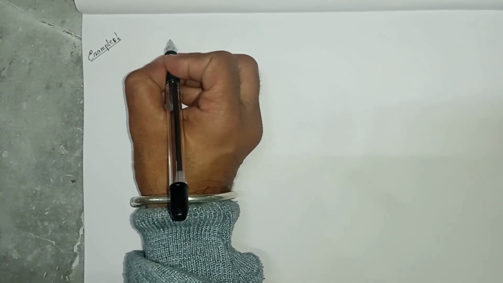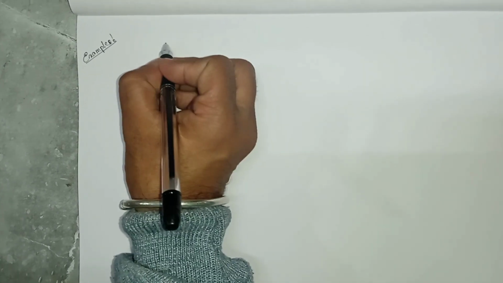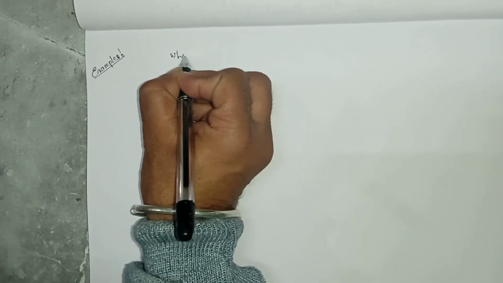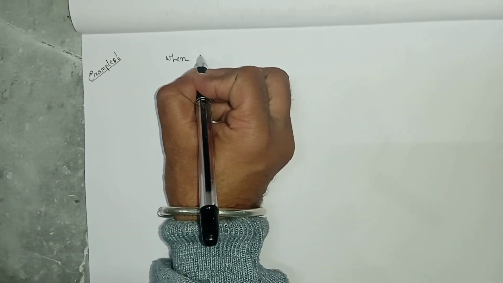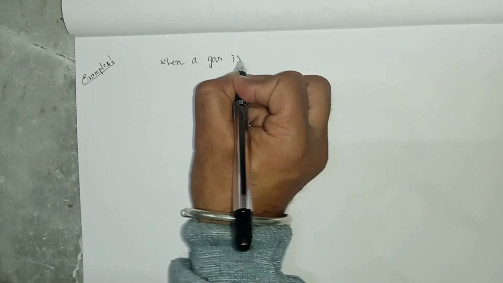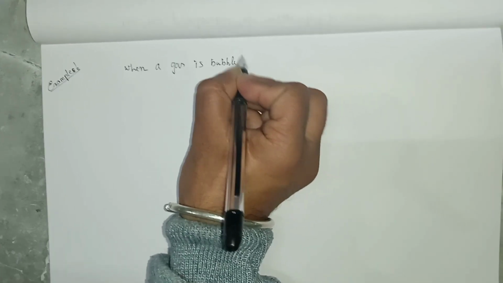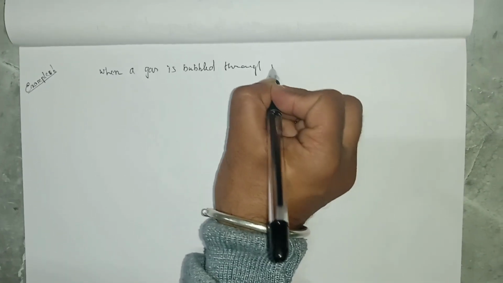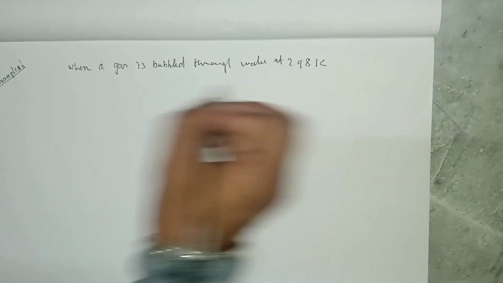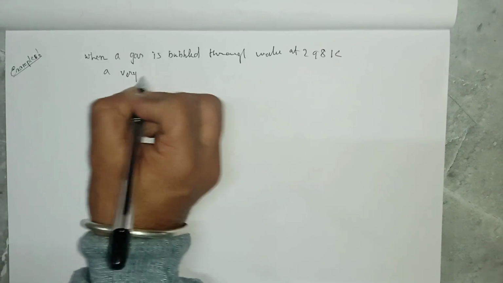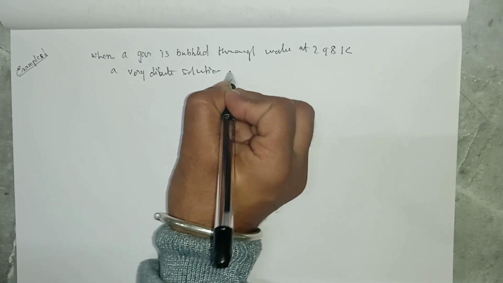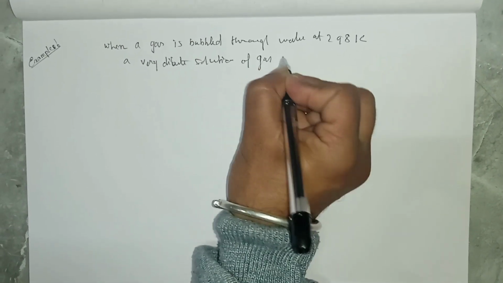Let's understand it with the help of an example. I'm trying to make this concept easier with this example. One question is like this, it is for JEE Main. When a gas is bubbled through water at 298 Kelvin, a very dilute solution of the gas is obtained.